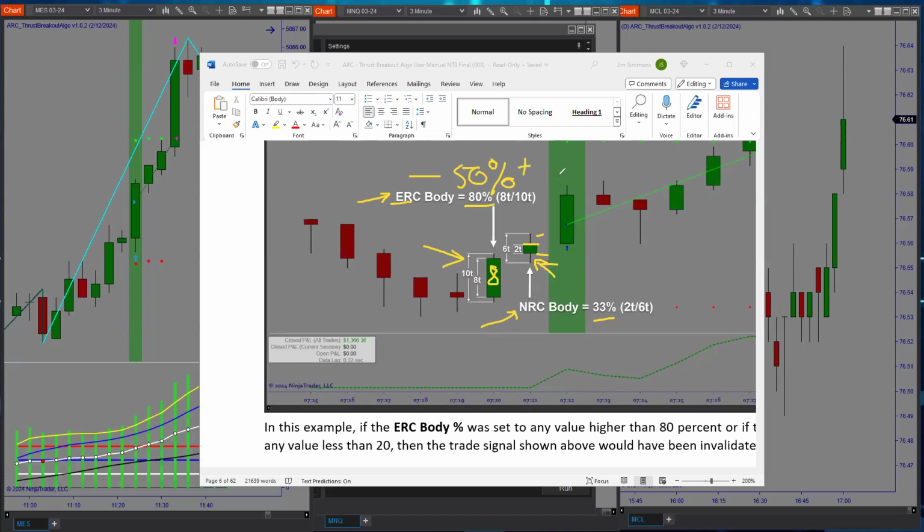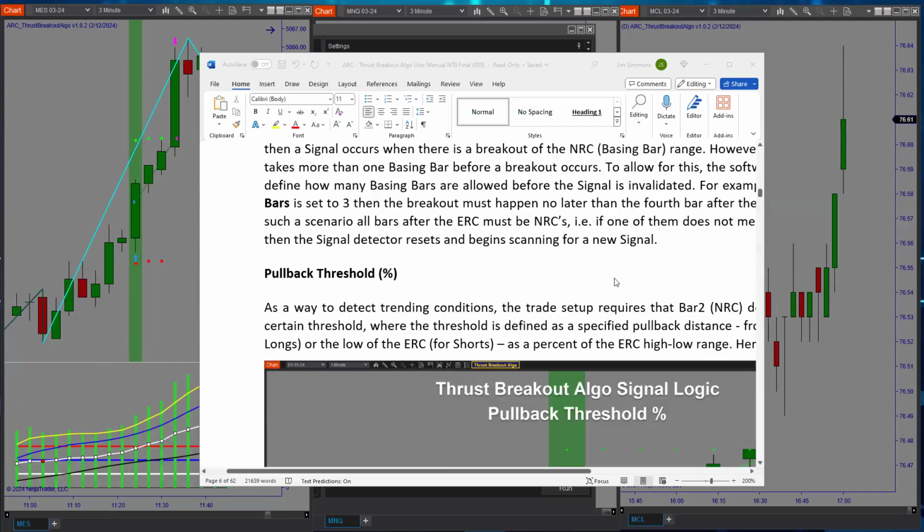That's your standard. On the narrow range, you would want this to be 50% or less. So extended range over 50, narrow range less than 50. You can optimize that and change it however you want, but those are the standards.